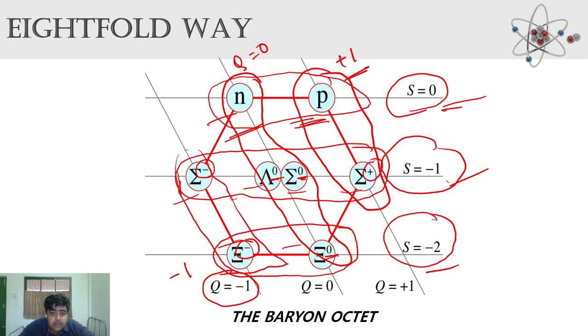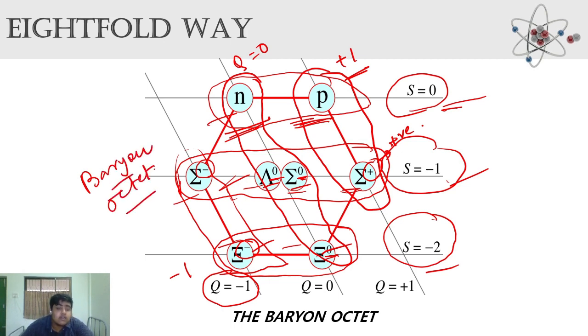This plus means a positive charge. Right. So here we have 8 particles: 1, 2, 3, 4, 5, 6, 7 and 8. That's why this is known as the baryon octet. All of these particles are baryons.